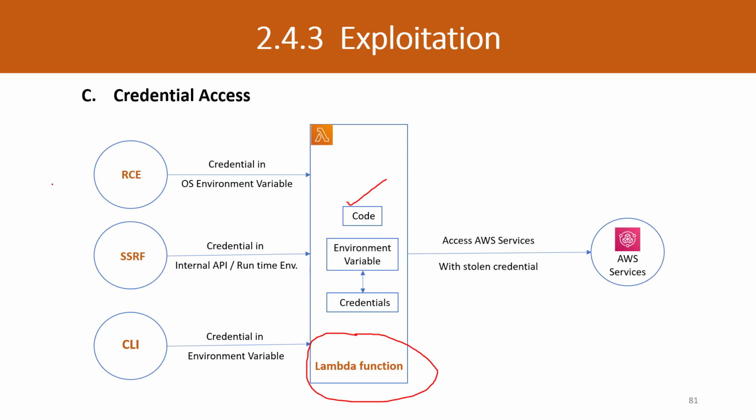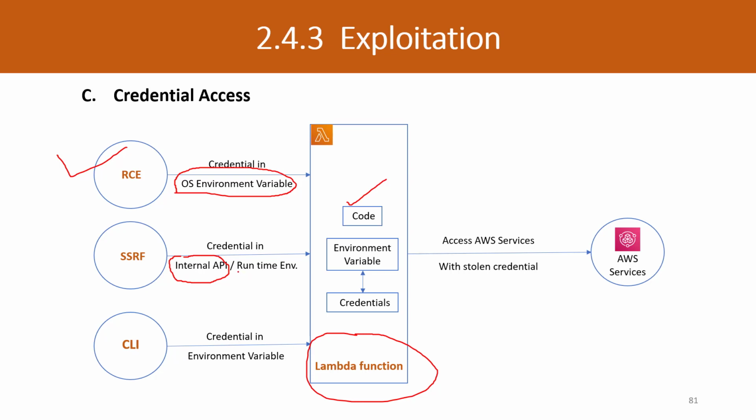You can see here we have three ways currently. One is, if there is an RCE in one of the functions, you can invoke this function and retrieve the credential from the operating system environment variable. Second, you can use SSRF to call internal IPs or the runtime environment. From the internal IPs, you can get the event and the credentials in that particular event, as well as retrieve the credential from the runtime environment.